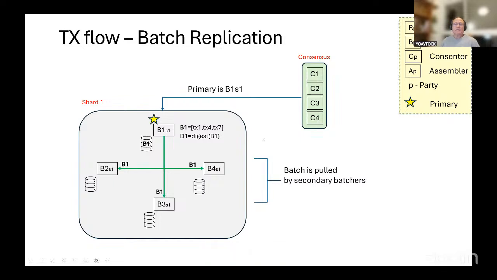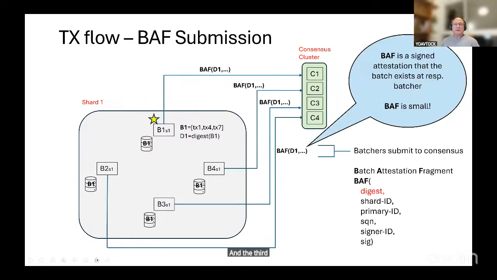And the third stage is that every batcher that has persisted this batch sends a batch attestation fragment, a short message, to the consensus cluster. We call this a BAF, batch attestation fragment, and it basically contains the digest of this block. That's the main ingredient.